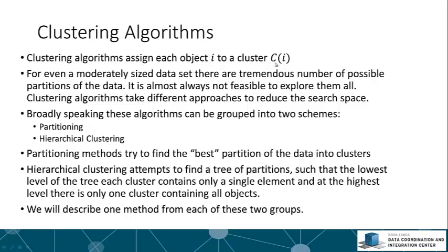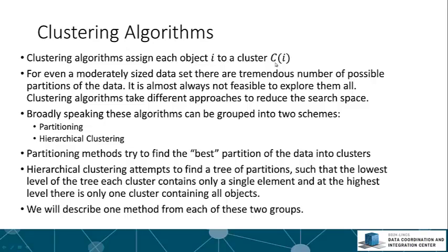So clustering algorithms take different approaches in order to reduce the space that needs to be searched to find a solution to the clustering problem. Broadly speaking, there are two approaches: partitioning and hierarchical clustering. The partitioning methods attempt to find an optimal partitioning of the data into clusters.